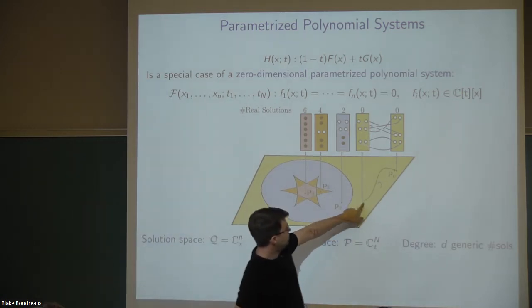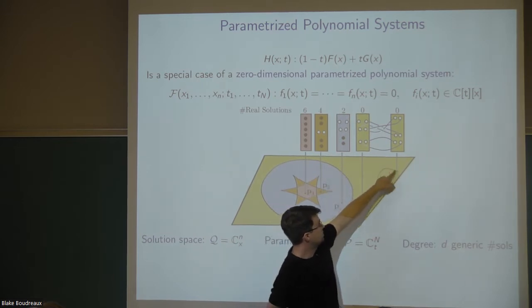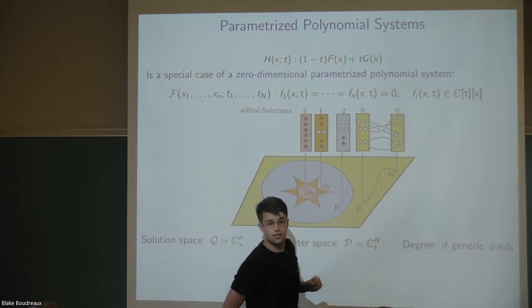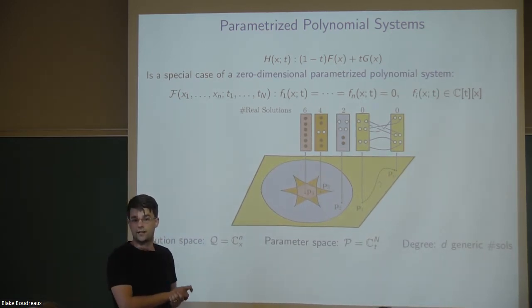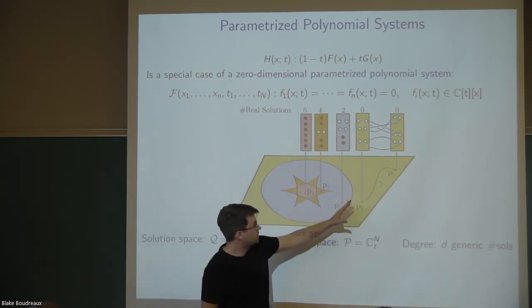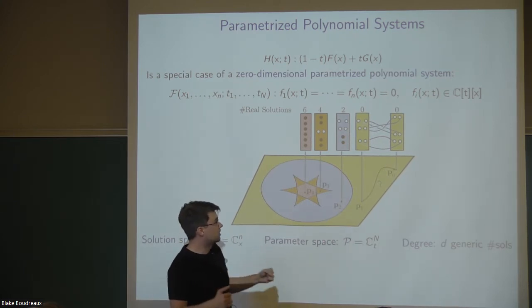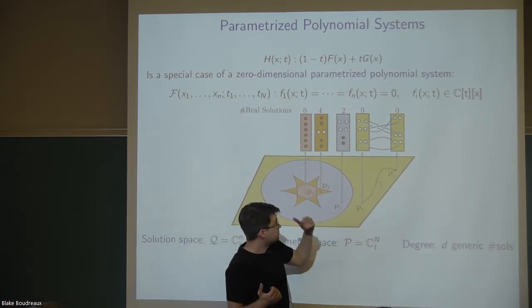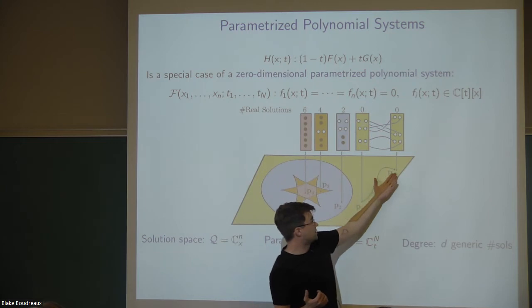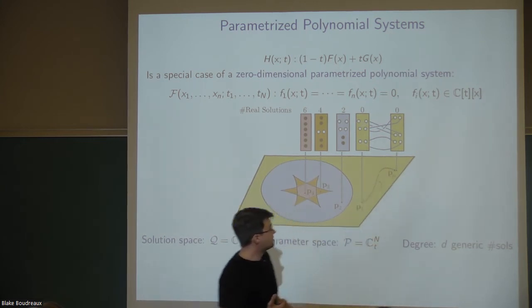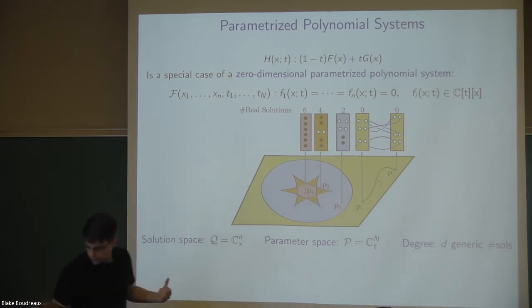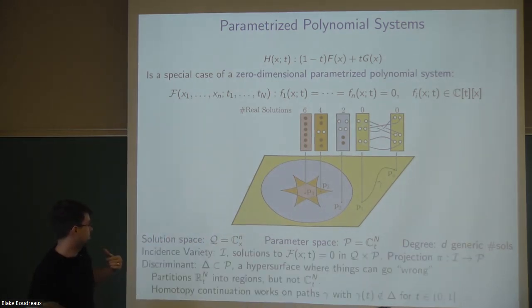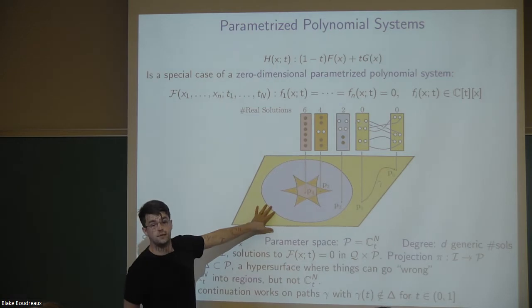Now, homotopy continuation allows me to morph these solutions to the solutions of a parametrized polynomial system over a different parameter, again using this path tracking business. As long as I'm staying in a generic locus, there aren't going to be positive dimensional solution sets, and there aren't going to be points crashing together, as long as I avoid a special hypersurface, which is called the discriminant of the problem.